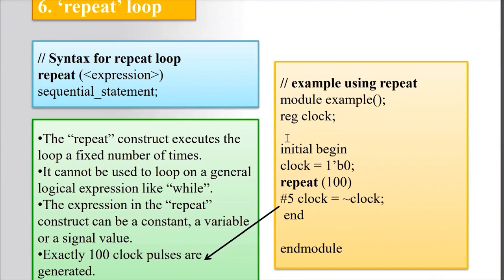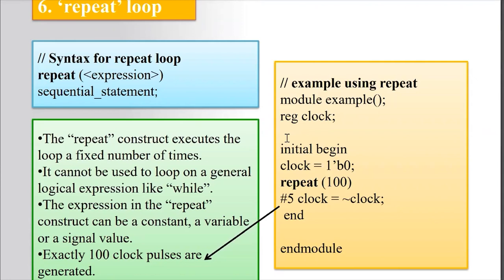Ma'am, initial block and always blocks, both are procedural. Initial block executes only at the beginning of simulation, and always block is a continuous loop, and unless we terminate it, it won't stop.